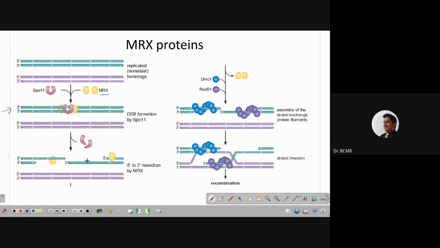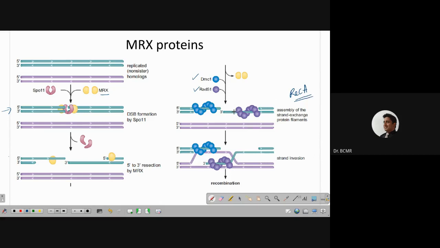These 3' overhangs are now taken up by 2 proteins called DMC1 and RAD51. They coat these strands like this. I hope you can recollect that it is very much similar to our protein RecA.